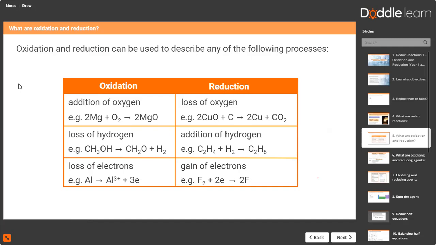For the addition of hydrogen, C2H4 plus H2 goes to C2H6, so that extra hydrogen is added. And then our gain of electrons: F2 plus 2 electrons goes to 2F minus.